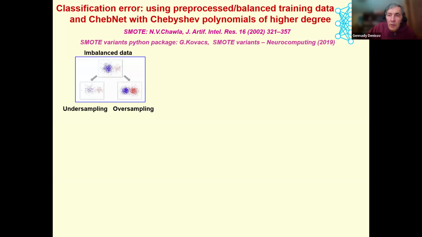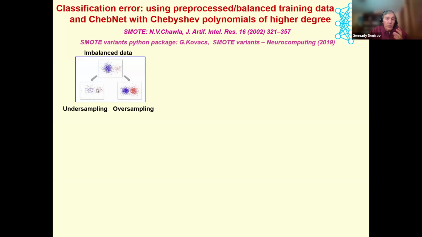Okay, it's time to start. There are two fundamental approaches to balancing the data. The first is termed undersampling, and the other is termed oversampling. In the undersampling approach, we remove a certain number of samples from the majority data set.